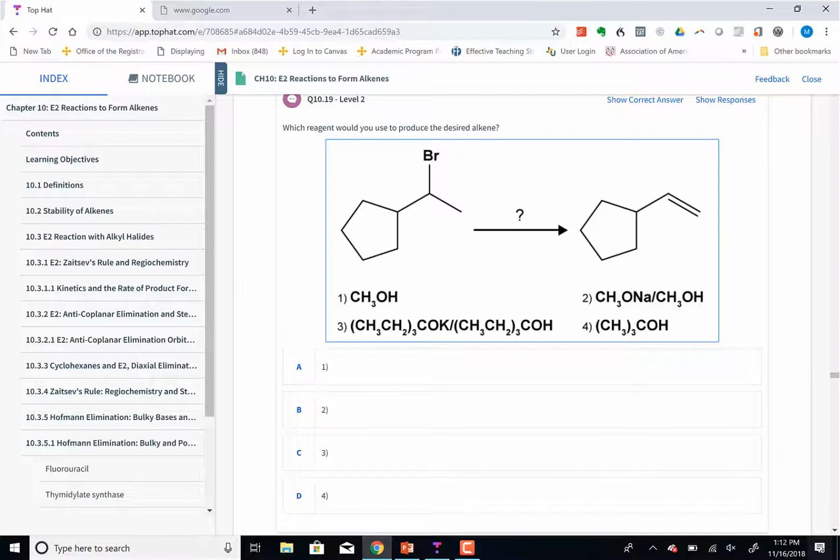And it says to get the desired alkene, there's only two bases, sodium methoxide and sodium triethyl ethoxide. And so you'd have to use which one? You'd have to use letter 3.